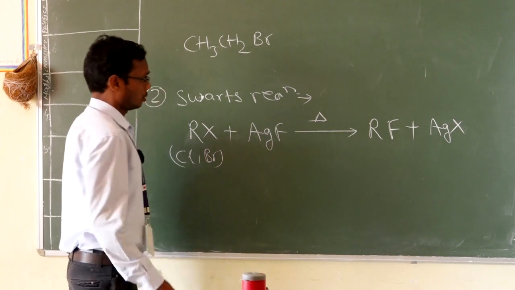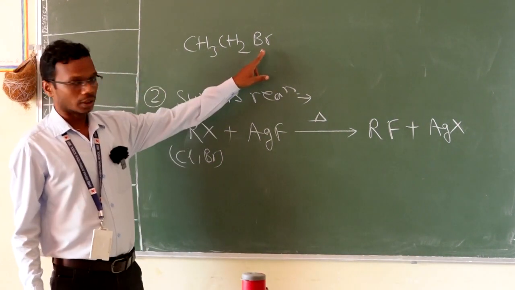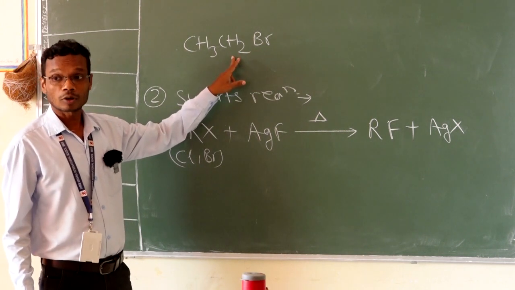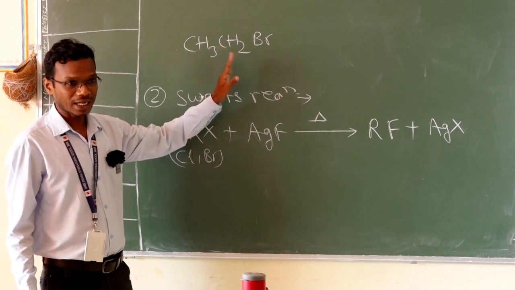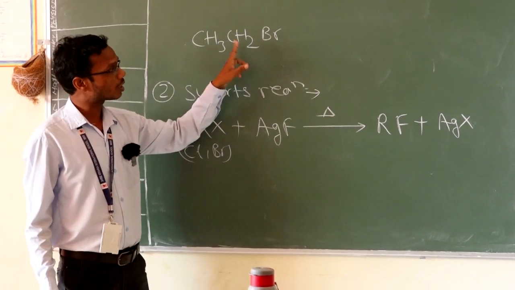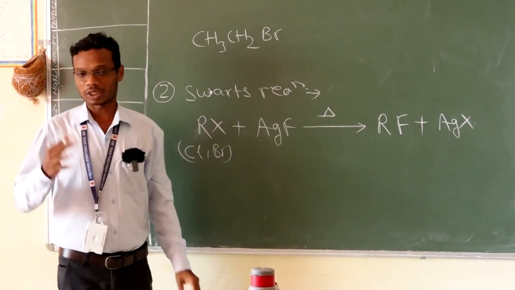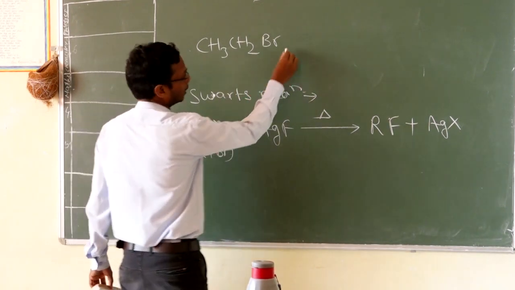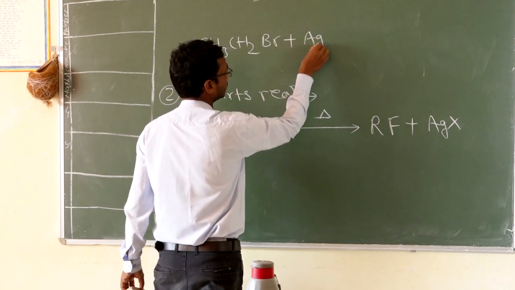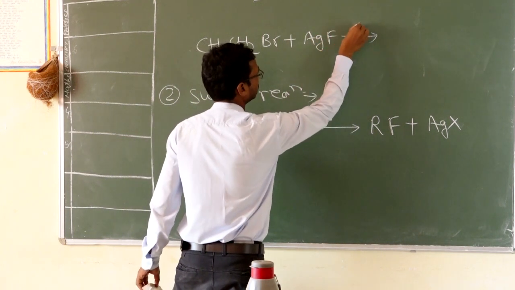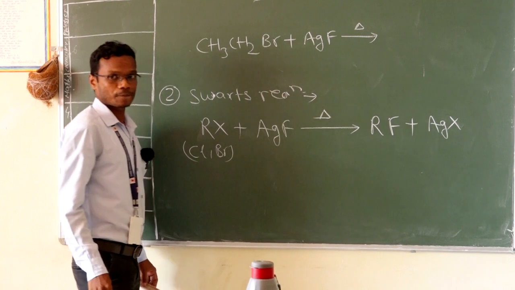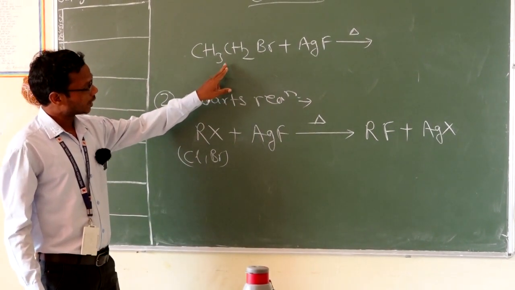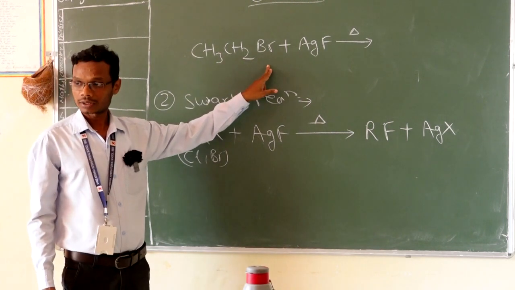If you consider this example, CH3CH2Br. Previous time we have taken chlorine. Now consider bromine. This is bromoethane or ethyl bromide. You have to say bromoethane because the IUPAC name is more preferable. Bromoethane reacts with silver fluoride and just heat it. Listen, in bromoethane there is already a halogen, that is bromine.